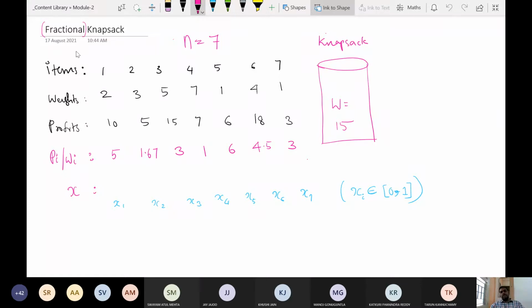There is another version of the knapsack problem, which is the 0-1 knapsack problem, in which you cannot divide the items. For example, instead of fruits or vegetables, suppose these are household items like table, chair, cot, bed. If things are like that, then either you can take the cot fully or you cannot take the cot.